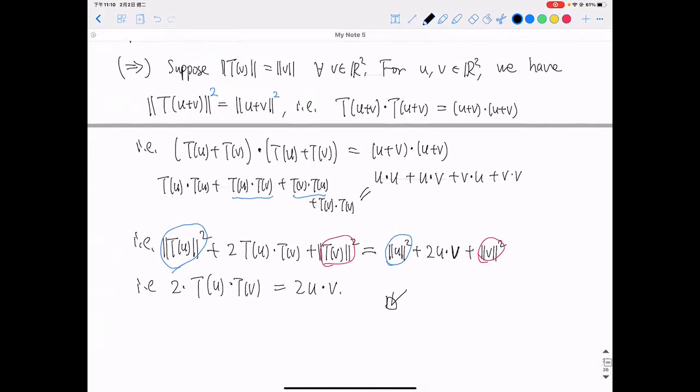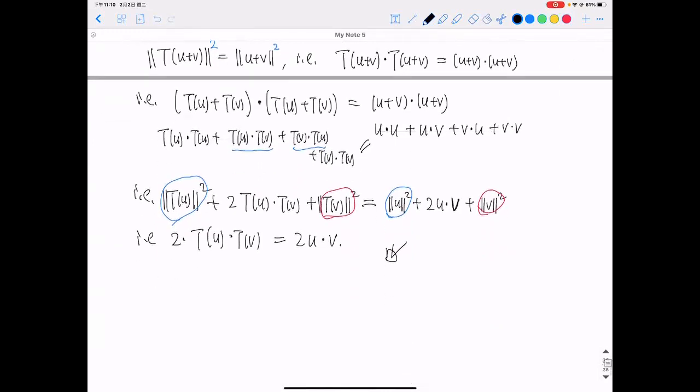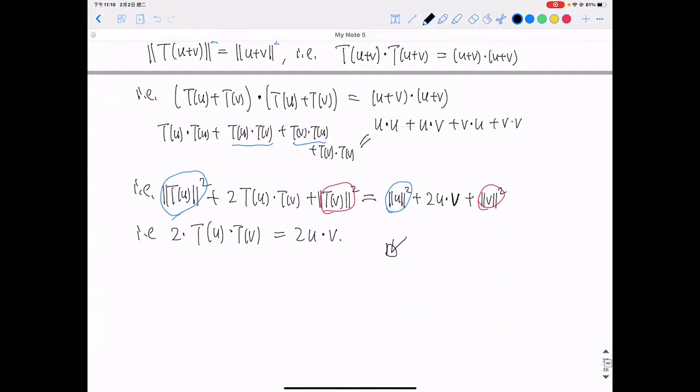Okay, now let's look at an example, or maybe let's look at some theorem first, some general property. So let's see. Again, T goes from R2 to R2.